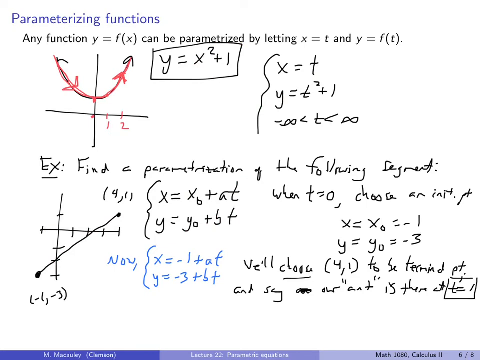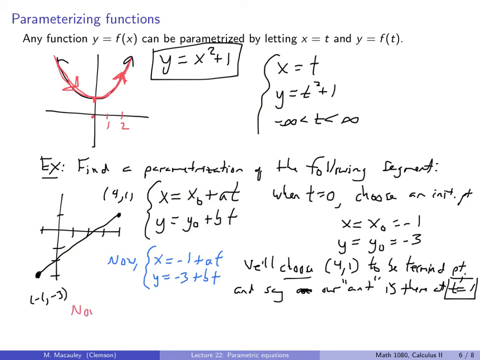So at time 1, our ant reaches the other point. Okay, so let's do that. So I'm going to use red now, so let's plug in t equals 1 into here and in there, and that will tell us what a and b are.